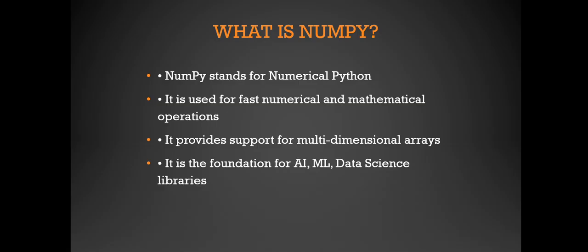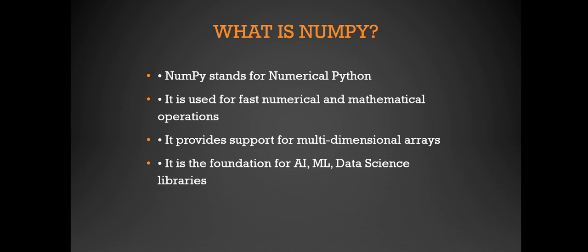Among those, we have NumPy as a library in Python. So what does this library NumPy do? NumPy stands for Numerical Python, which means the name itself tells you that it is performing operations on numbers, numericals, right?